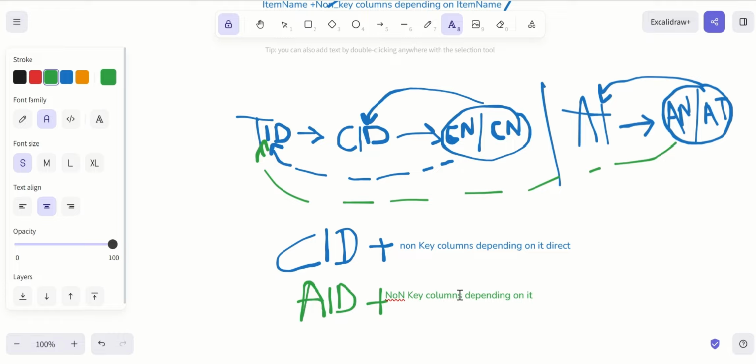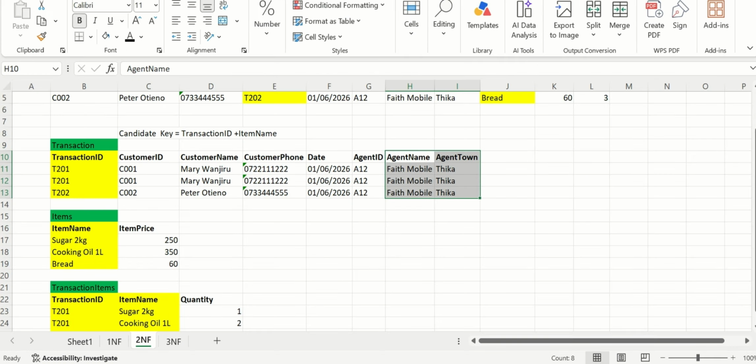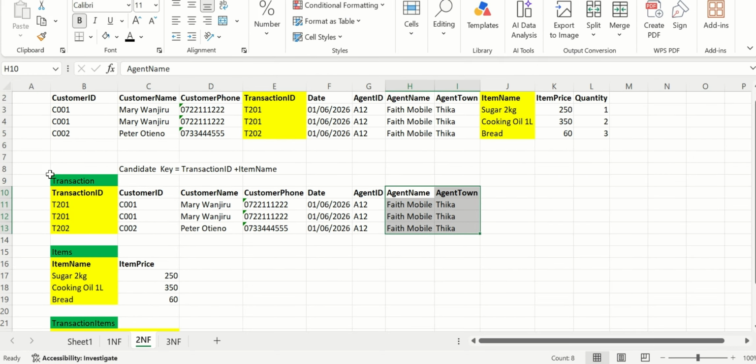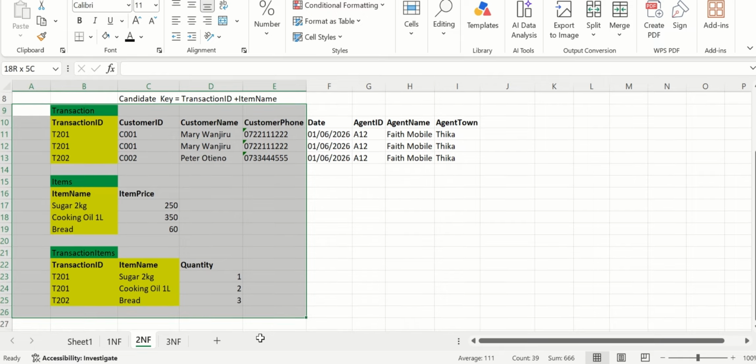Yeah. So let's separate these tables. Let's just take the whole of this. So this is the second normal form.